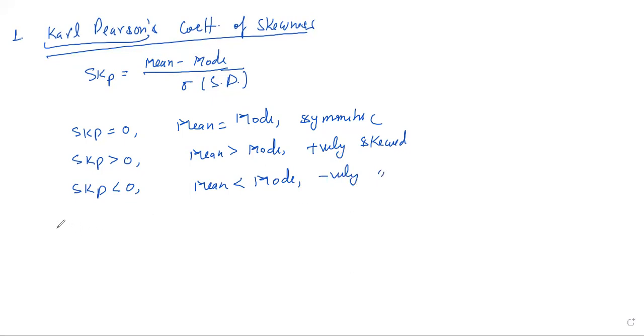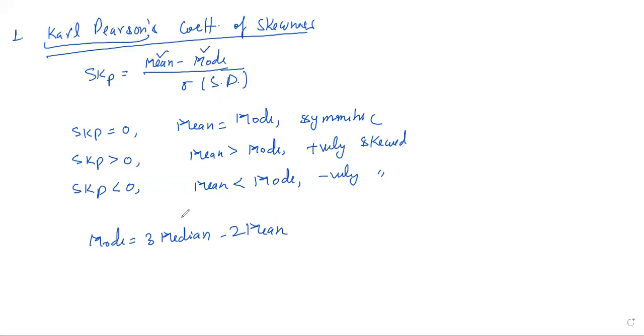When the data is moderately skewed, we have the relationship that mode is equal to 3 median minus 2 mean.